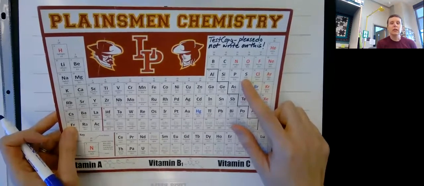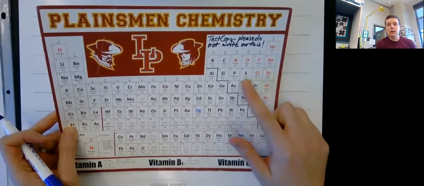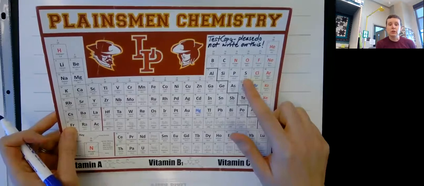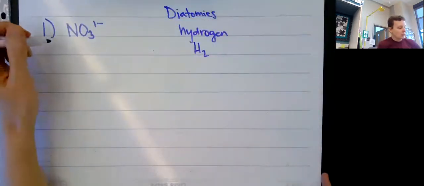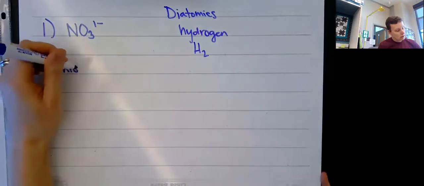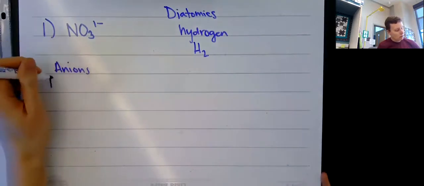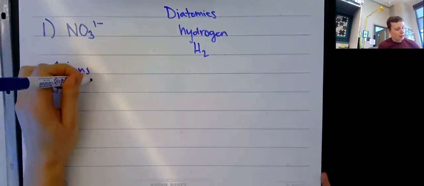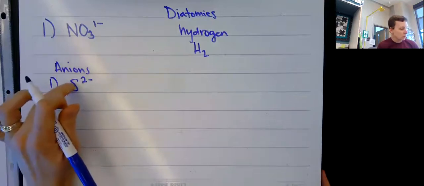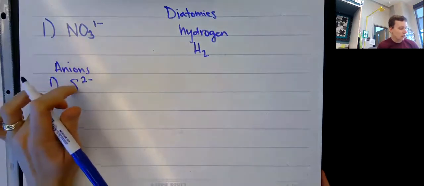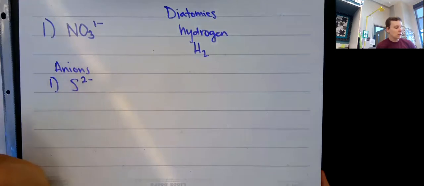So sulfur is sulfide, and it's 2 away from being stable, so it's going to gain 2. It's going to have a -2 charge. So for the anions, number 1 is S2-. Sulfur becomes sulfide when it gets that -2 charge, okay?